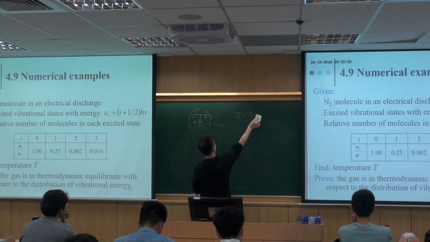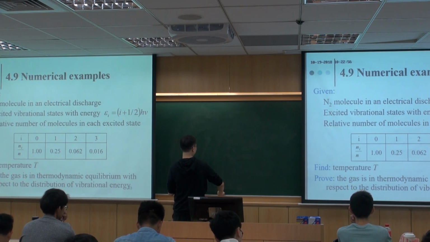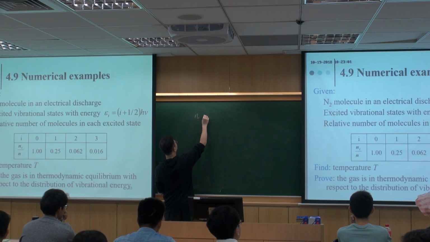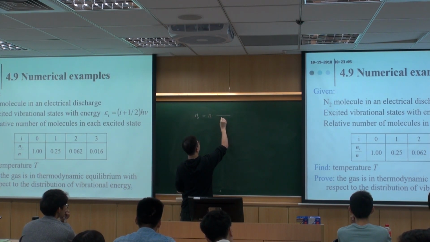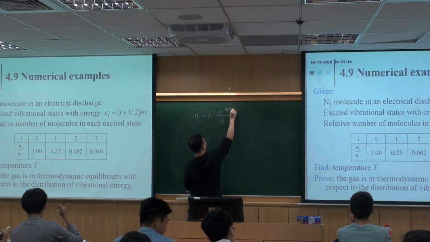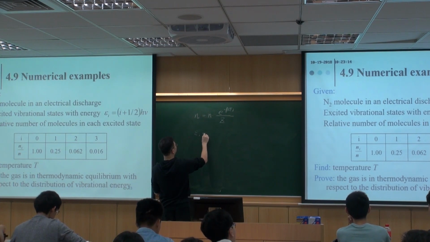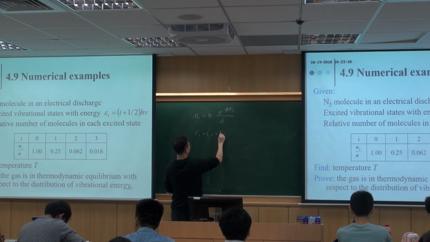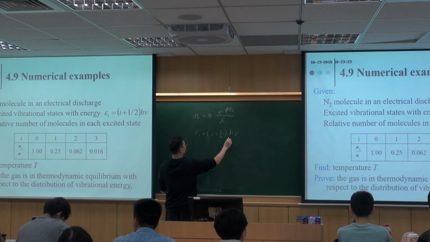So it means that for level I, it should be N times 1/Z times exponential of minus beta epsilon I. In this case, the problem tells you that epsilon I is I plus 1/2, sorry, times h mu.